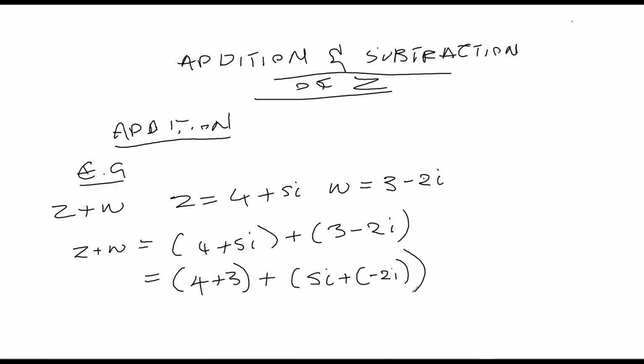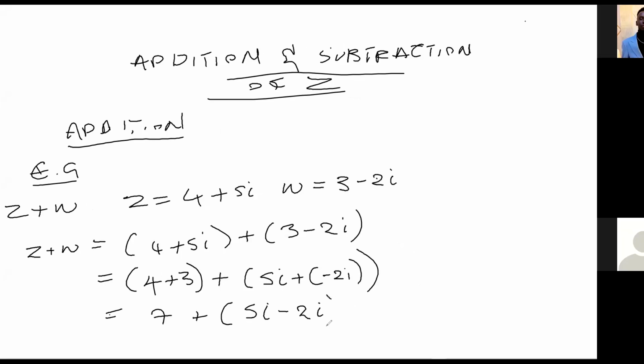So that's what we're going to do there. When we add the real part, we're going to have 7 here, okay? Then on the other side, we multiply the negative and the positive, which is just going to give us 5i minus 2i.